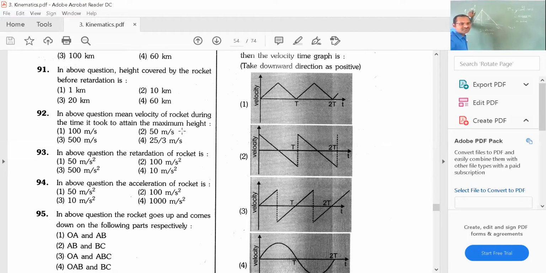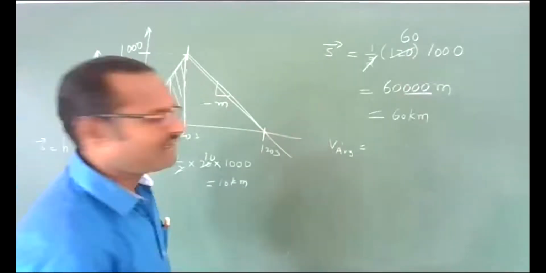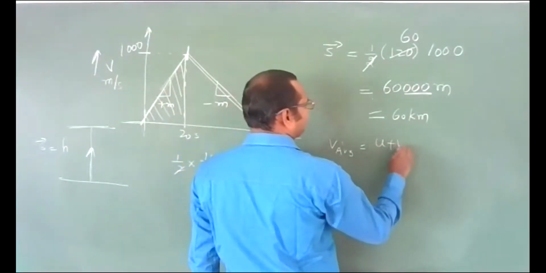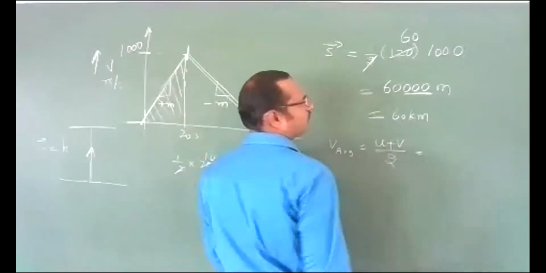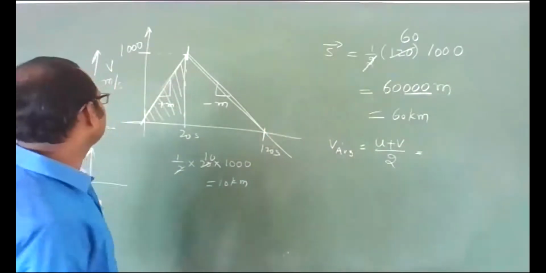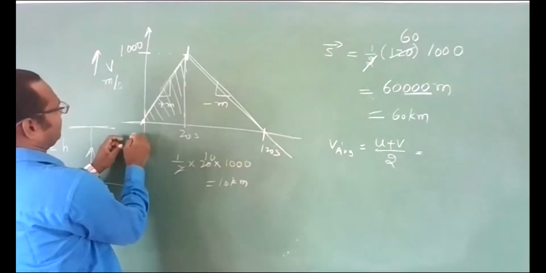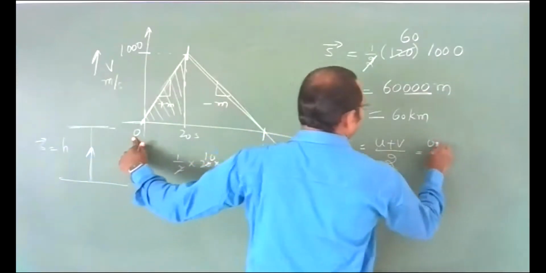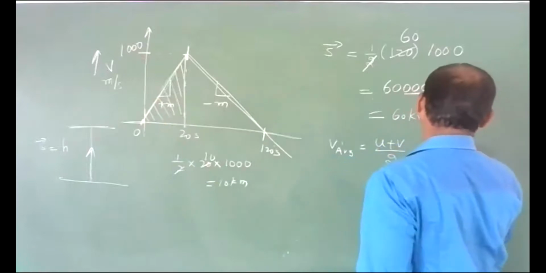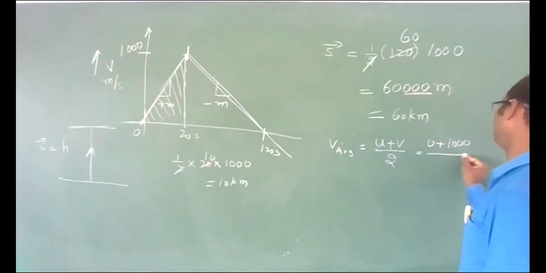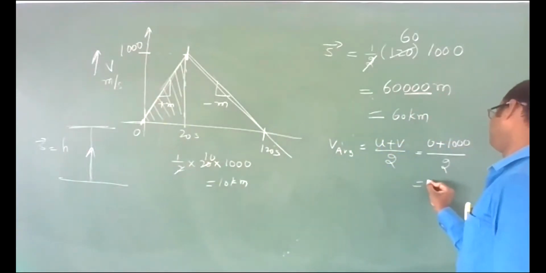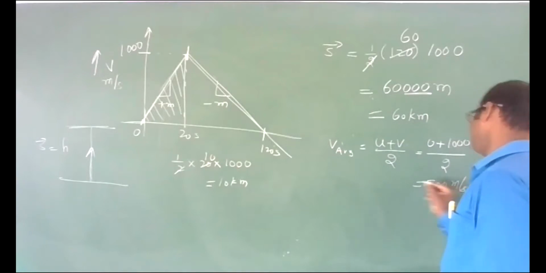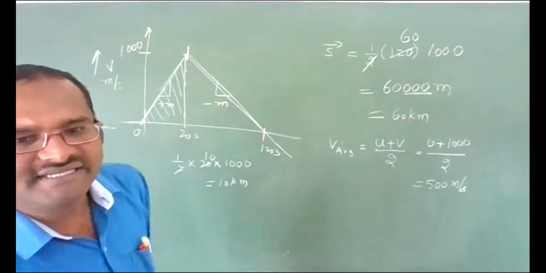So what is the average velocity formula? Initial velocity plus final velocity by 2. Initial velocity is 0. Final velocity is given already, 1000 meter per second, by 2. 1000 by 2 is 500 meter per second.